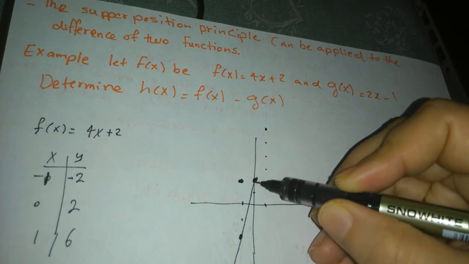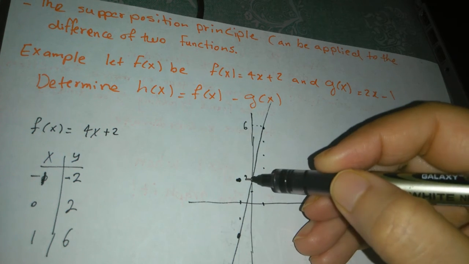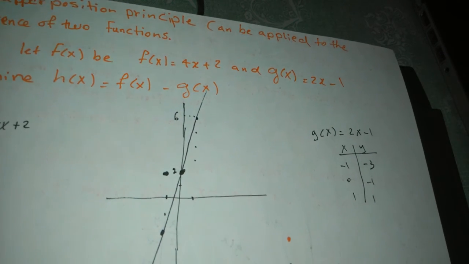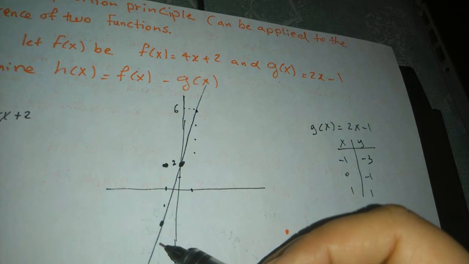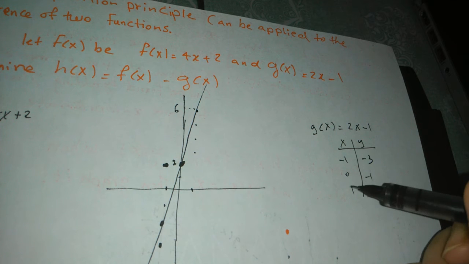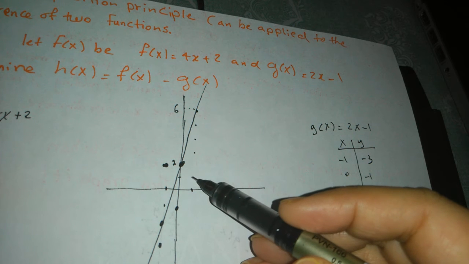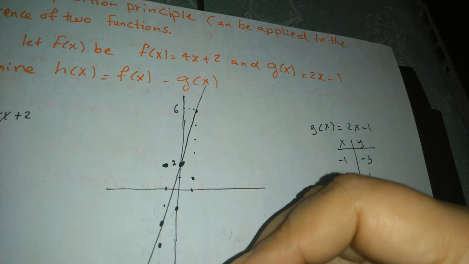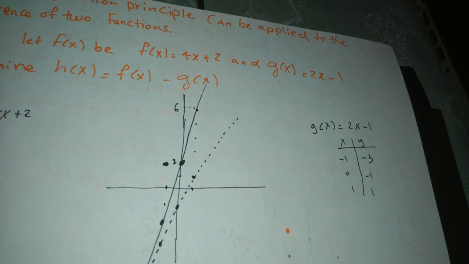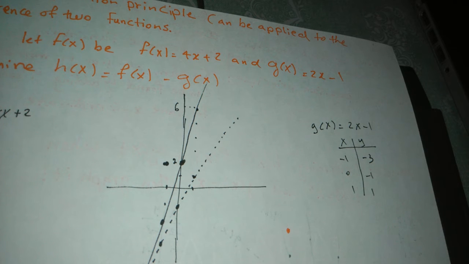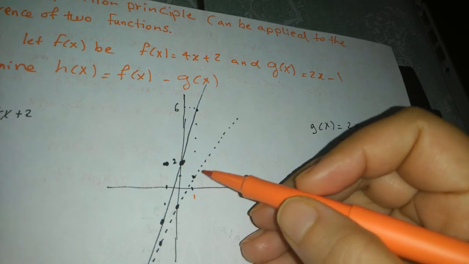So I'm just connecting the points together. Make sure this is 6, this is 2. Now for the other one, -1, -3. 0, -1. And 1, 1. I'm going to connect these points, right?